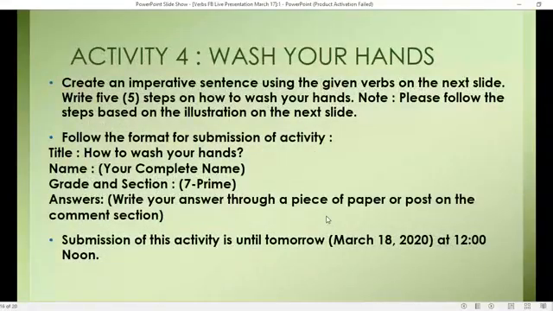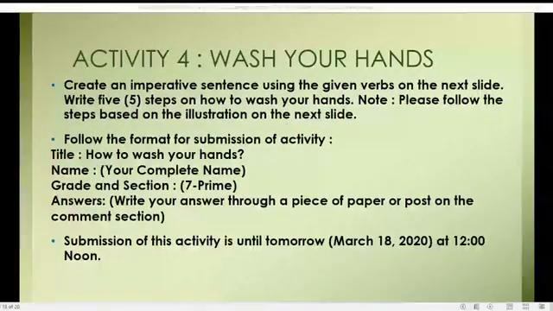Ayan. So, activity number 4. So, we are now done with activity 1, which is the adorable home. So, I already record the activities that I have already posted since Thursday, and I am glad that most of you have responded with our activities. So, almost 80% na mga estudyante ng grade 7 ang nakakomply dun sa activity 1. Same as activity 2.